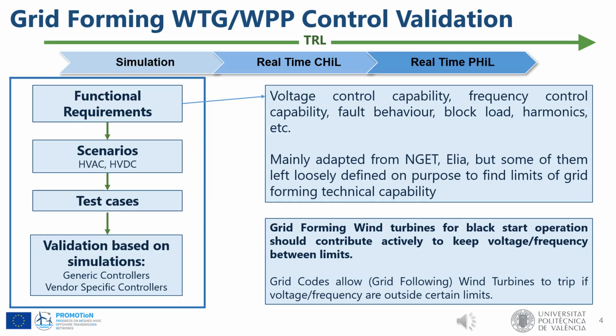And something important about these requirements is that they should not be understood in the way they are commonly done in the current grid codes, in the sense that now a wind turbine is allowed to trip if some of the voltages or frequency, for example, are outside certain limits. Now the wind turbines are the only grid forming equipment in the system, so they should contribute actively to keep, for example, the voltage and frequency within their margins.